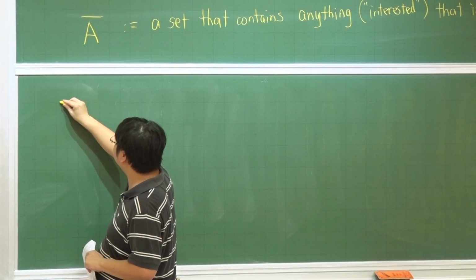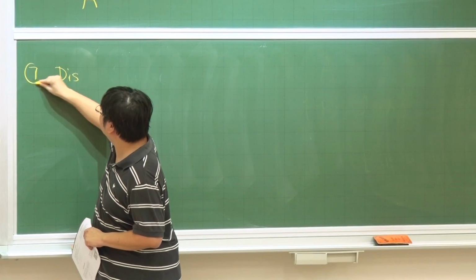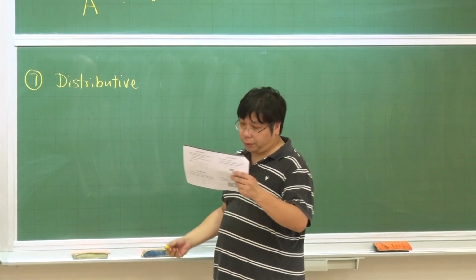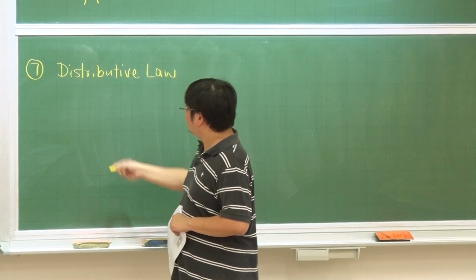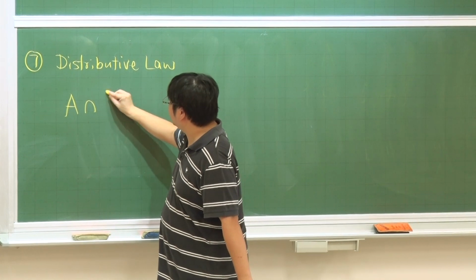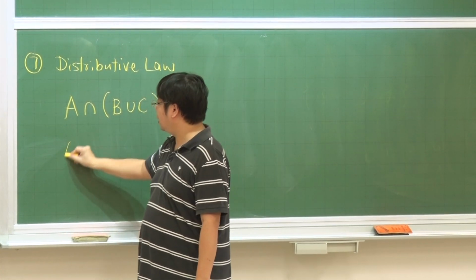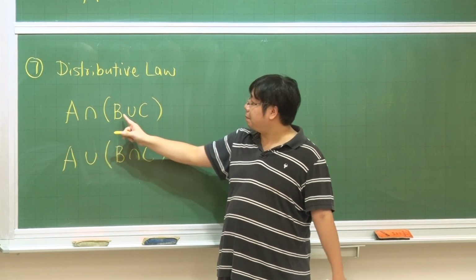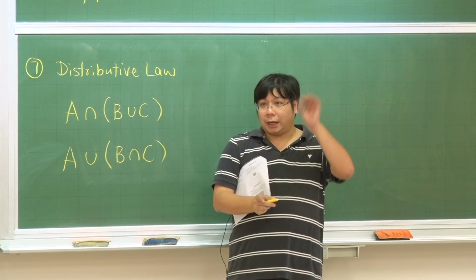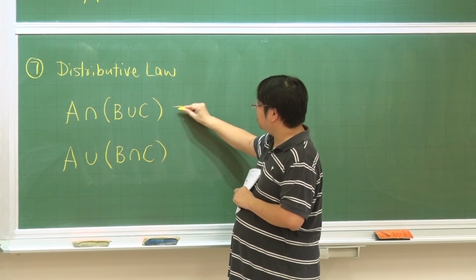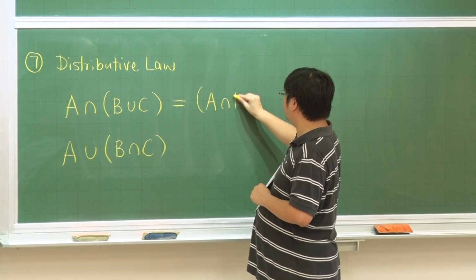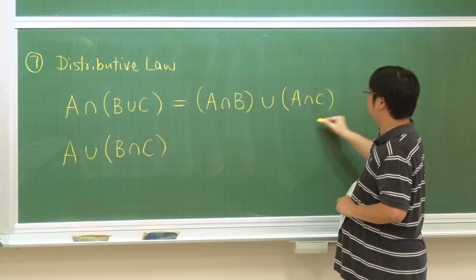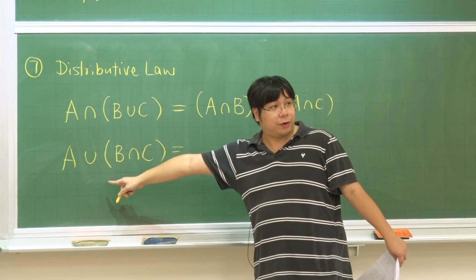Okay, so distributive law. You have A intersect B union C, and the other one is A union B intersect C. So it is like A times B plus C. A times B plus C is equal to A times B plus A times C. So this is equal to A intersect B union A intersect C. And similarly, this also works for the opposite case.